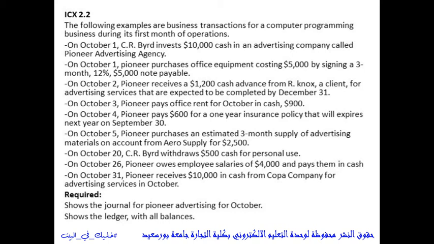On October 3, Pioneer pays office rent for October in cash, $900. On October 4, Pioneer pays $600 for a 1-year insurance policy that will expire next year on September 30. On October 5, Pioneer purchases an estimated 3 months' supply of advertising materials on account from a supplier for $2,500.